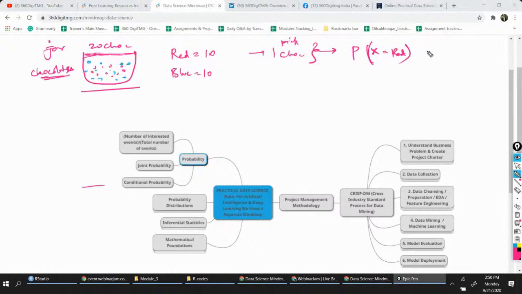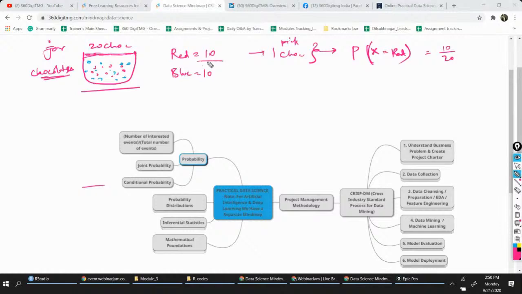So the answer is 10 chocolates out of 20. Because you have 20 chocolates, my son can pick any one among those 20. But what is the condition that I'm looking at? What is the interest that I have? I want to see the chance that he ends up getting a red chocolate.